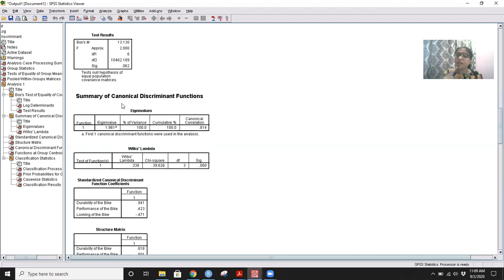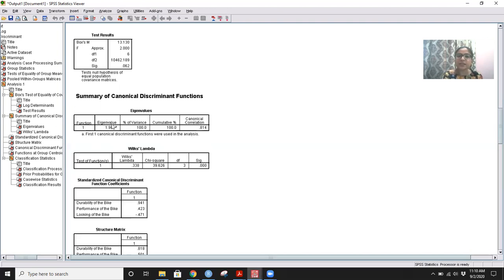However, if you had more than 2 categories in your dependent variable, you could have more than 1 discriminant function. Okay, and each of the functions has its own explanatory power. You choose the function which has the best explanatory power, and it's usually the first one. As you can see, you have just one discriminant function obtained.